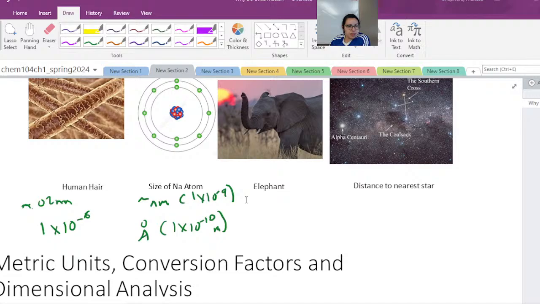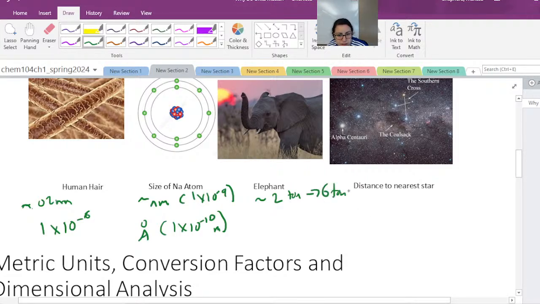So about 2-ton scale, probably. Tons, I don't know how high they get, probably 6 tons or so. And so what is that in kilograms, maybe? So 2,000 to 6,000 kilograms or more. So pretty large scale.